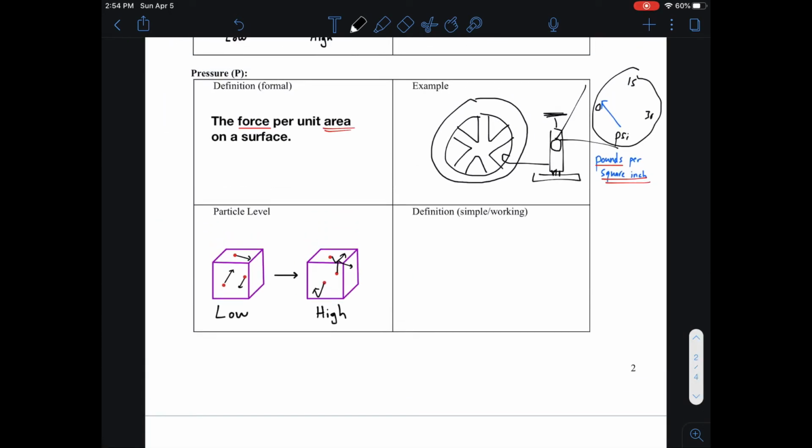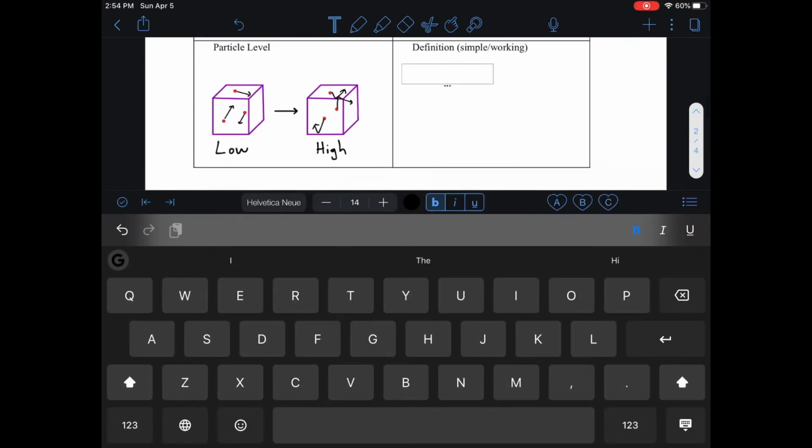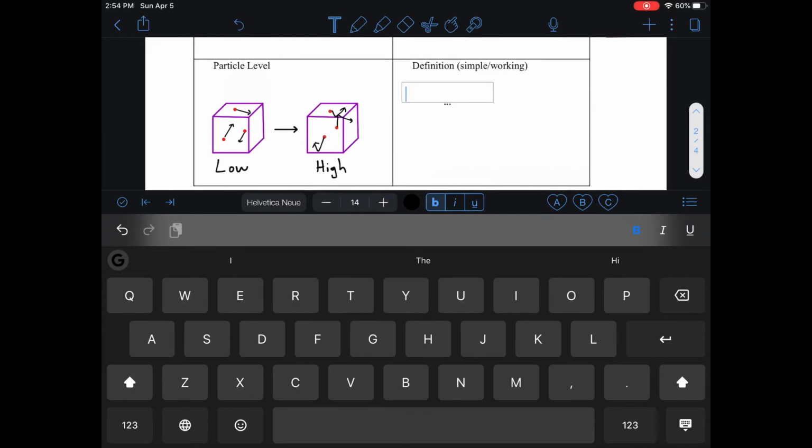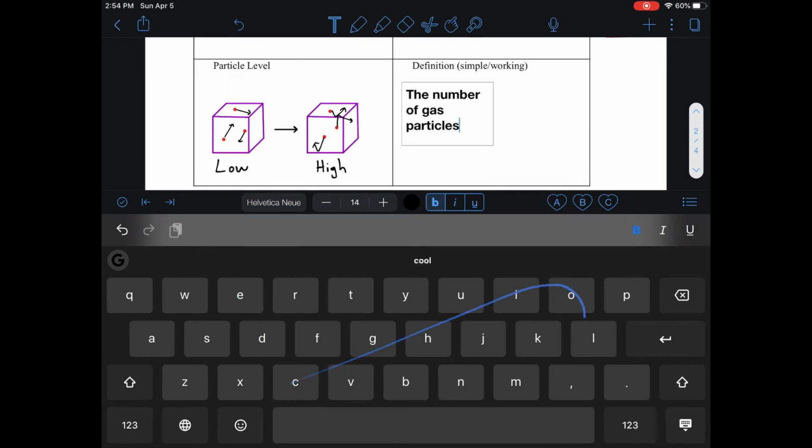So our working definition in this case, sure, we're talking force per unit area, but if we were to see it with our eyes, if we were able to see the gas particles, we're talking about the number of gas particle collisions.